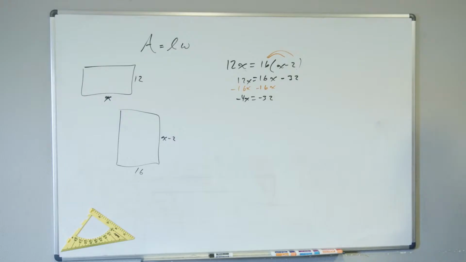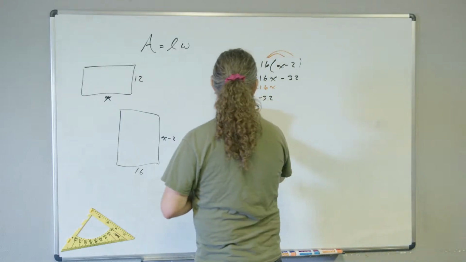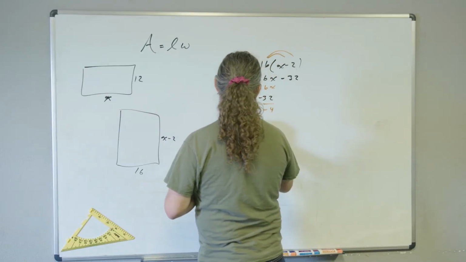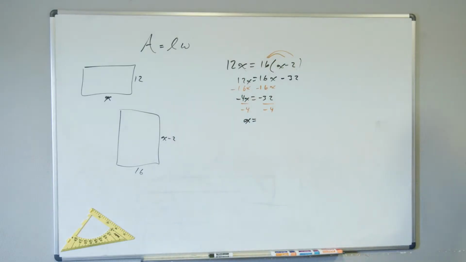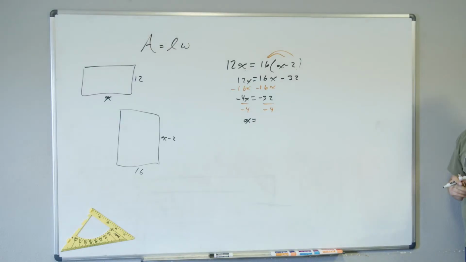Now what? Divide by negative 4. If your calculator is wrong, then you put something in wrong. Yes, because your calculator literally only does what you tell it to do. Your calculator cannot be wrong. No, you did 12 minus negative 16.